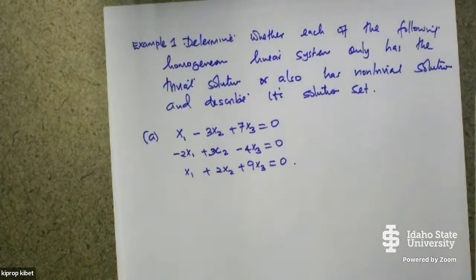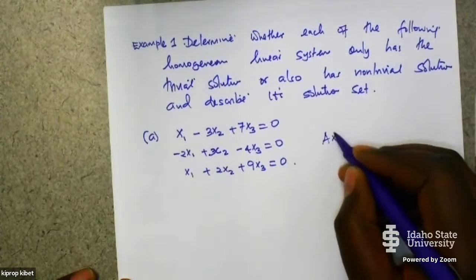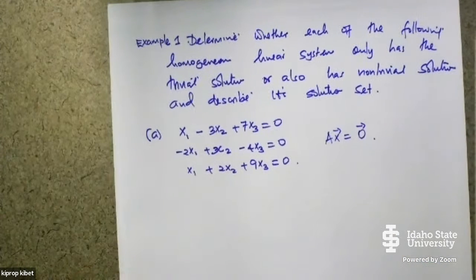This is a linear system, which when written in matrix equation form is AX equals 0.